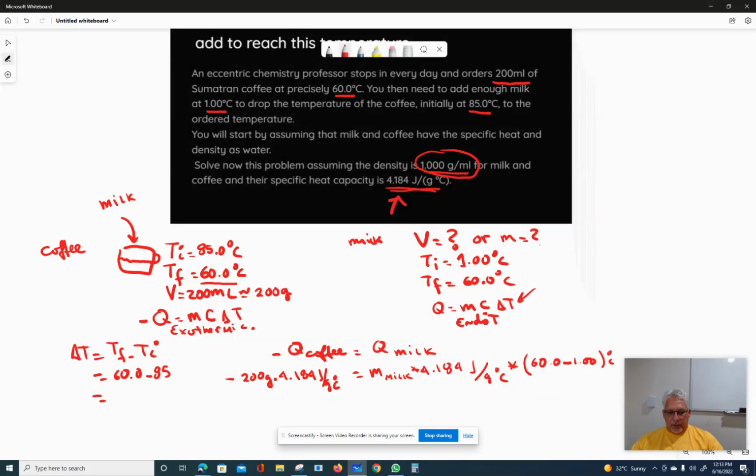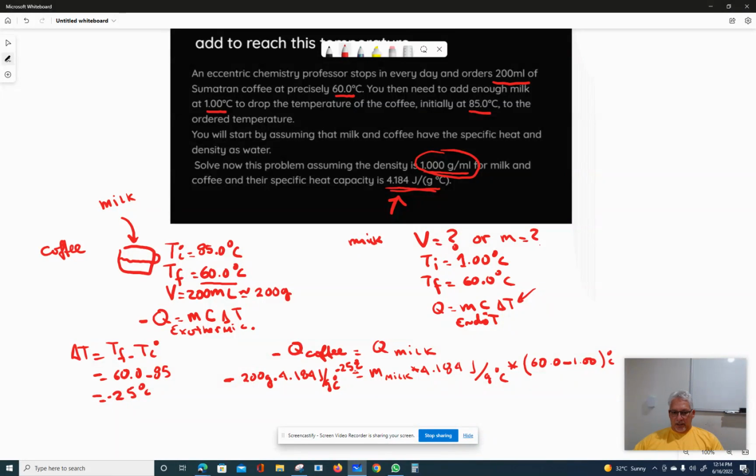Actually, I'm going to do the calculation so I can plug the number there. So the calculation will be, I get 25 Celsius, and that will be negative. But because we have a negative in front, because it's exothermic, negative times negative 25 Celsius will become positive, right?